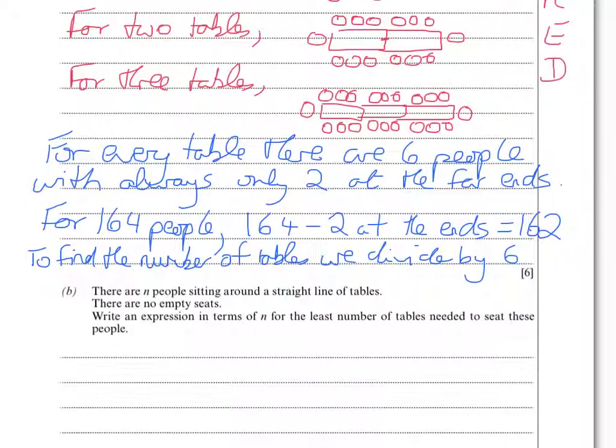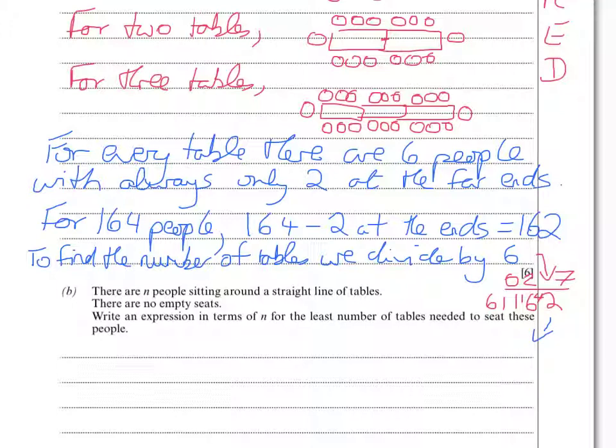So just running out a little bit of room here, but if we did our calculation just underneath, 162 divided by the 6: 6 goes into 1 no times, 6 goes into 16 twice with 4 left over, and 6 goes into 42: 5 sixes is 30, 6 sixes is 36, 7 sixes is 42.